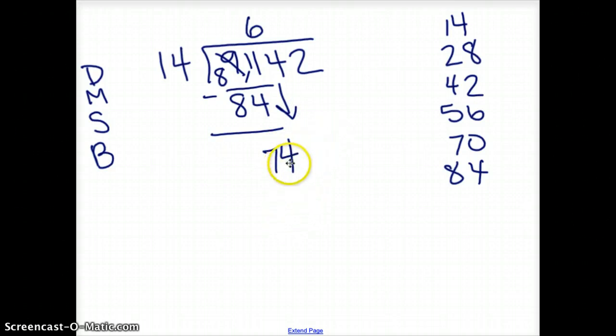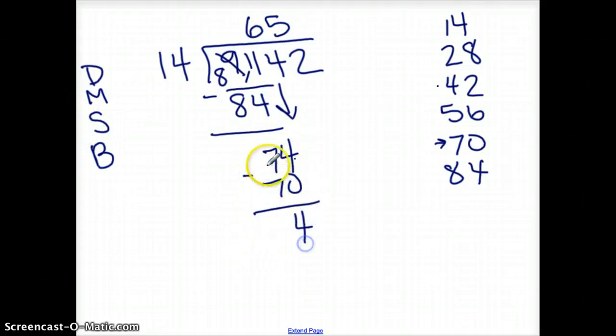How many times does 14 go into 74? 5 times. So that's my divide. Then I multiply. 14 times 5 is 70. Then I subtract. 4 minus 0 is 4. 7 minus 7 is 0. And I bring down my 2.